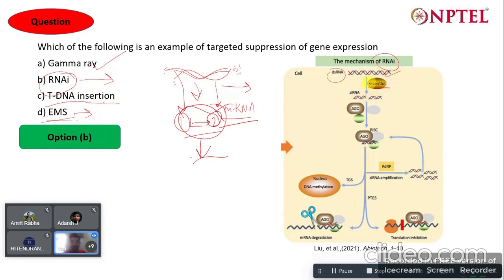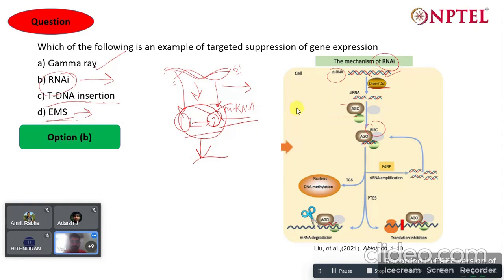Dicer cleaves this double-stranded RNA into small RNAs that are not more than 50 nucleotides long. After that, the argonaute protein combines with the RISC complex. RISC is the RNA induced silencing complex.